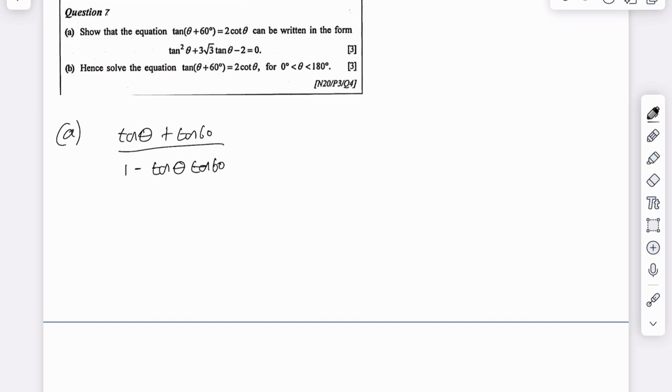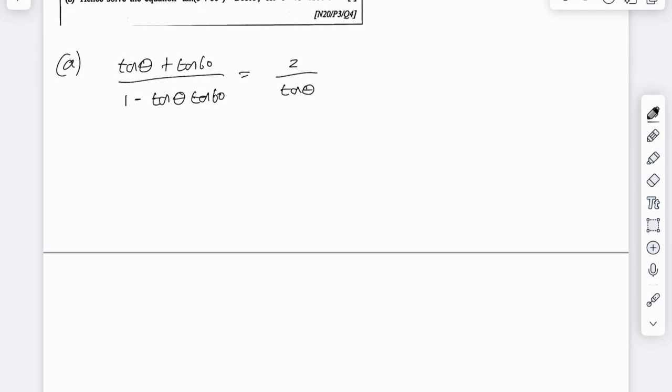Okay, and that's equal to 2 over tan theta, right? So tan theta plus root 3 over 1 minus root 3 tan theta is therefore equal to 2 over tan theta.